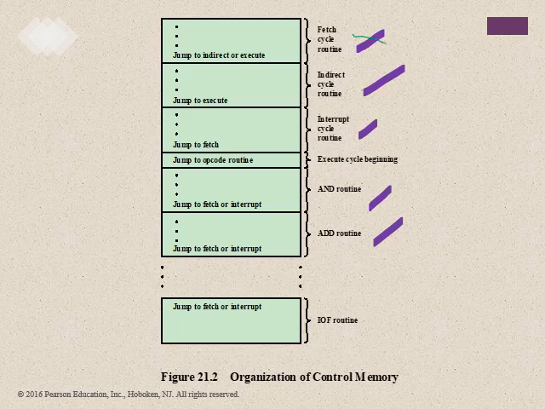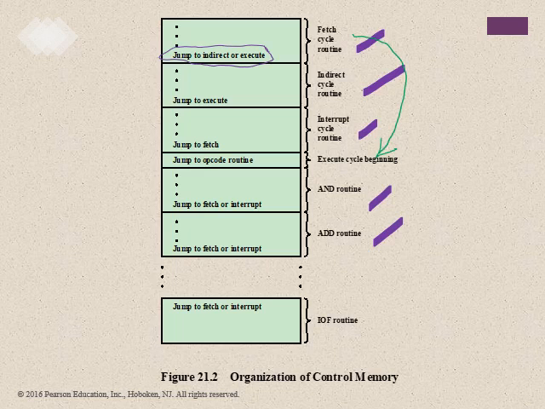That means you are going straight to the execute cycle. So at the end of the fetch cycle routine, there is a jump instruction to go to execute. If there's no jump, it will force the micro instruction to go to the next routine, which is indirect, but that's not what you wanted, right?